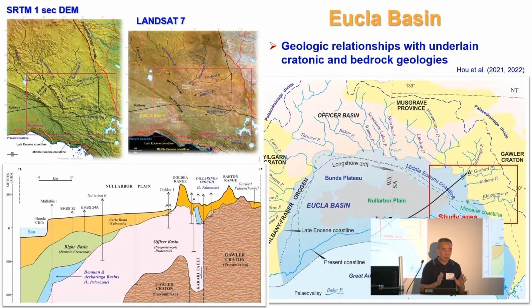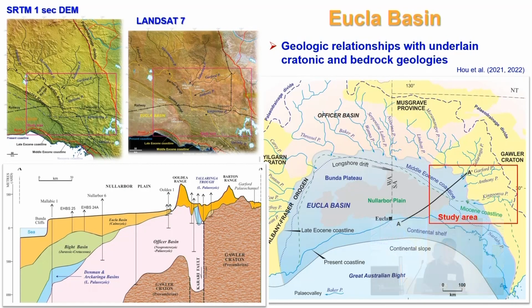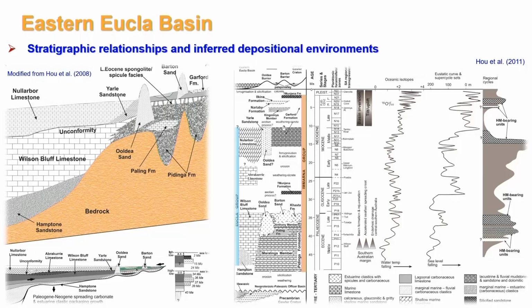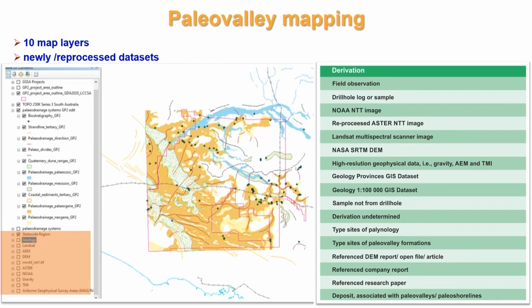But the Cenozoic part is different, because of paleoclimate control, the channels from this area normally flow from northeast, jumping to the Eucla Basin in the southwest. And for the Eucla Basin, we got much more detailed information and results compared to the other two basins because we studied this for so many years.